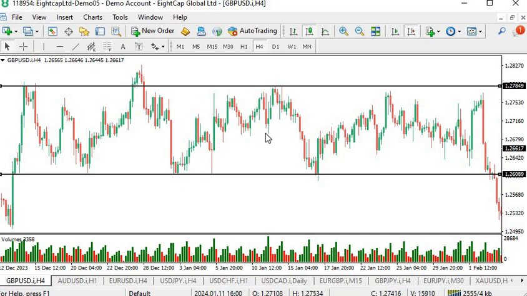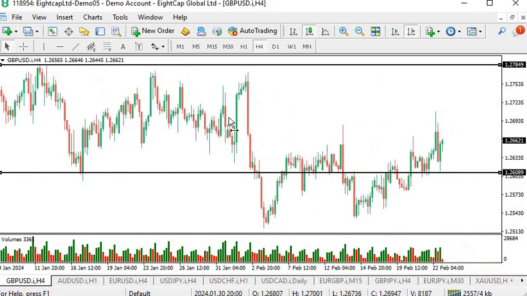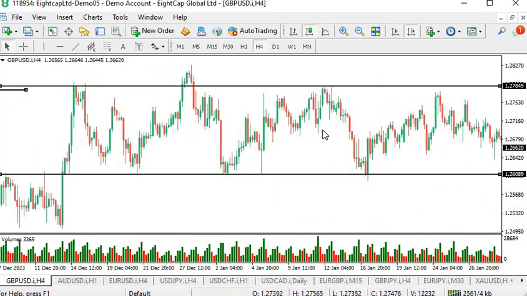Okay, so here you can see this area made a high, the market made a high here, and now it is acting as a resistance. The market went here again and got rejected, went down to a point where it made a low, which is a support area.